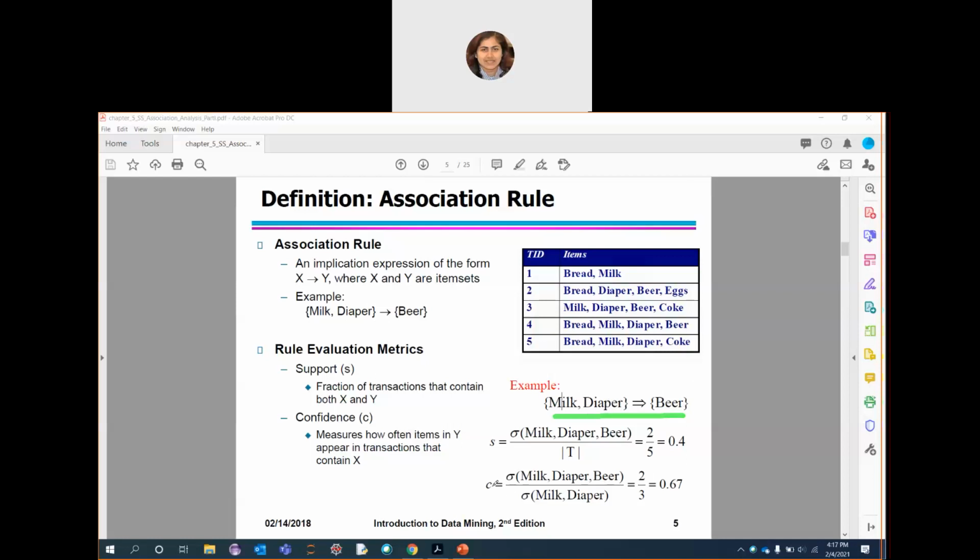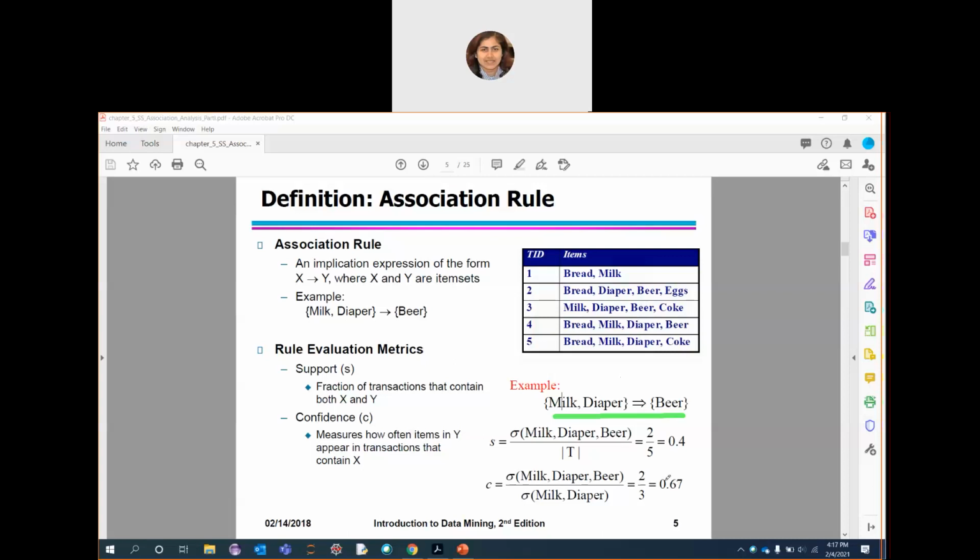Confidence will be calculated in this way. So for both sides X and Y, their own support count. So milk, diaper, beer, we found it out like two, right? Two times it is occurring in the transaction if you see.